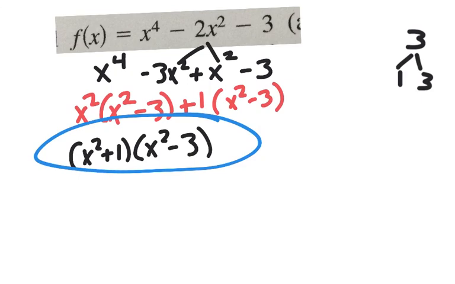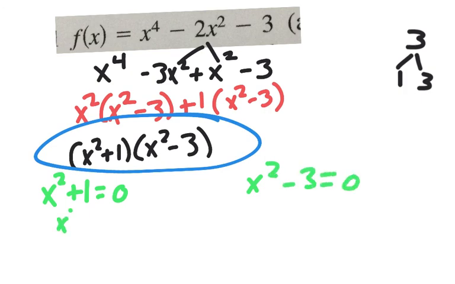Okay, then next, I'm going to solve them to find the 4 roots. So I have x squared plus 1 equals 0, and x squared minus 3 equals 0. This says x squared equals negative 1. I'm going to take a square root. It tells me x equals plus or minus i.